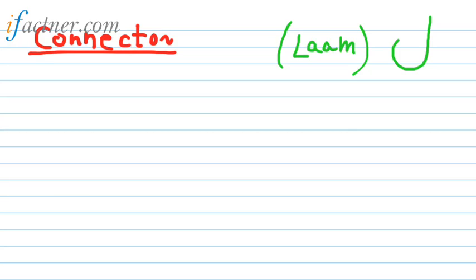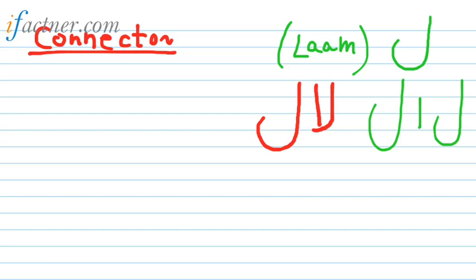For example, there is a word called lal. Lam, alif, lam, lal. So you see, when we write it, we connect it with the second letter. So it's lal. Lal means red.